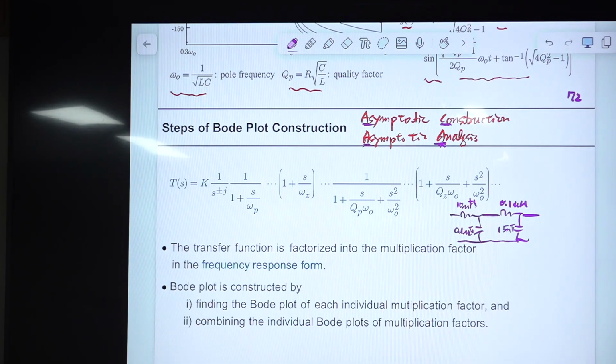Then you will have this kind of frequency response. So this first one is coming from 1 over square root of this larger microhenry, and this one is 15 microfarad, and this double pole is coming from the smaller ones.